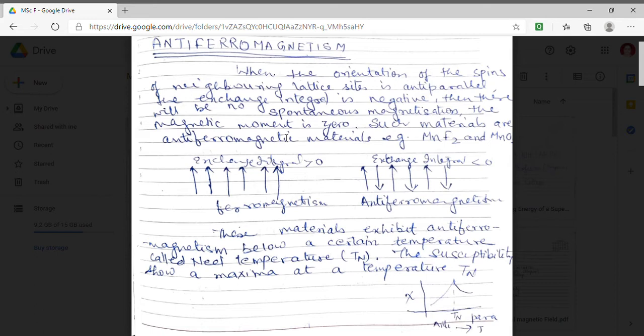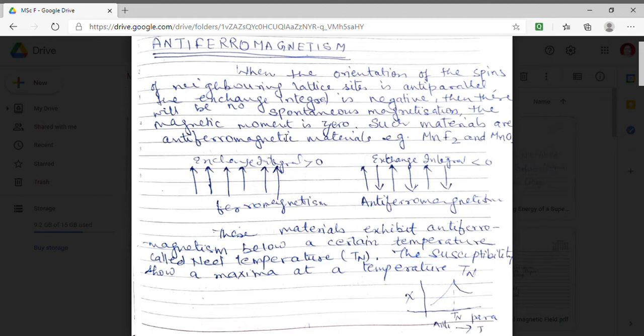And the exchange integral factor J also defines the difference between ferromagnetic and antiferromagnetic material. If the exchange integral is positive, the material will be ferromagnetic. But if it is negative, then the material will be antiferromagnetic in nature.